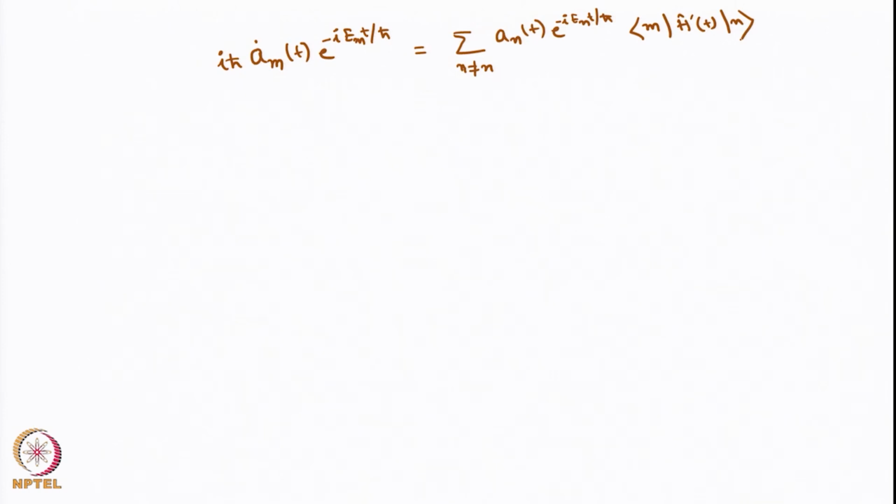Okay. So this is the important difference. There is only one term on the left hand side, and on the right hand side there are all the n terms except n equal to m.